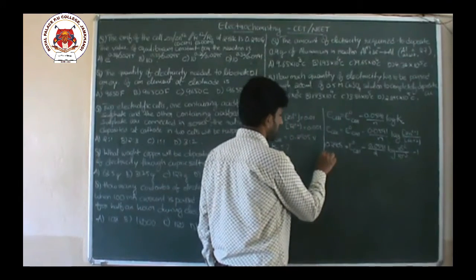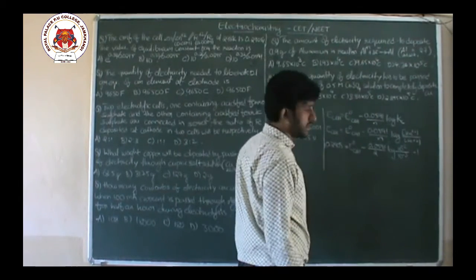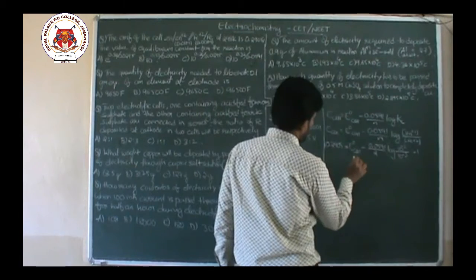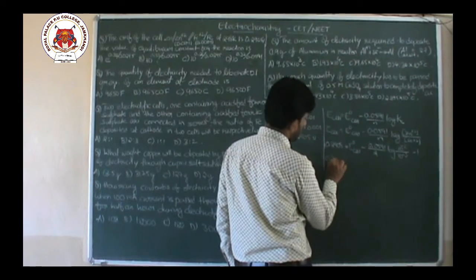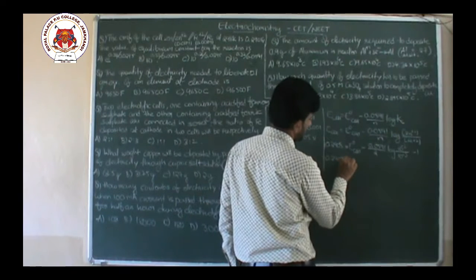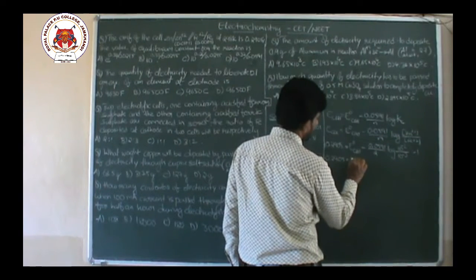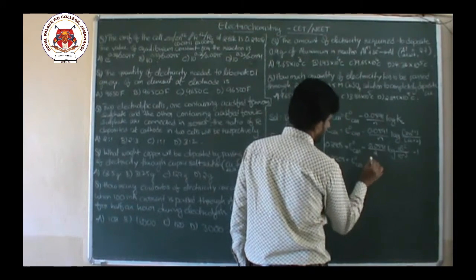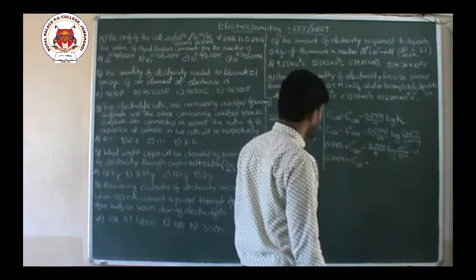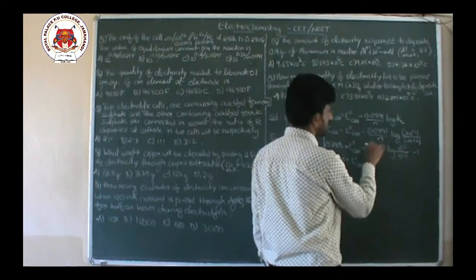That means what I can write from here: 0.2905 is equal to E naught cell minus, okay, so this division we want.